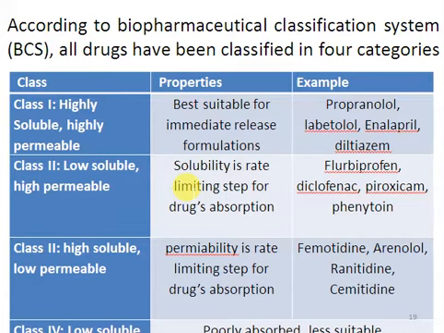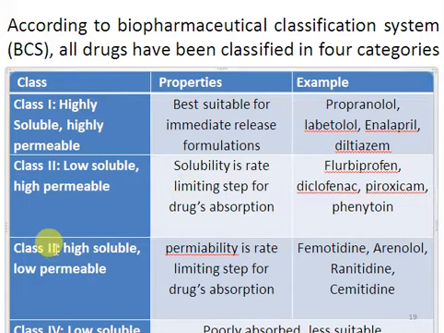The third category is the highly soluble, low permeable drugs, right? Although they are highly soluble, they are not easily absorbed. So here permeability or absorption is the rate determining step. Once the drug enters the cell membrane, it will be absorbed, right?